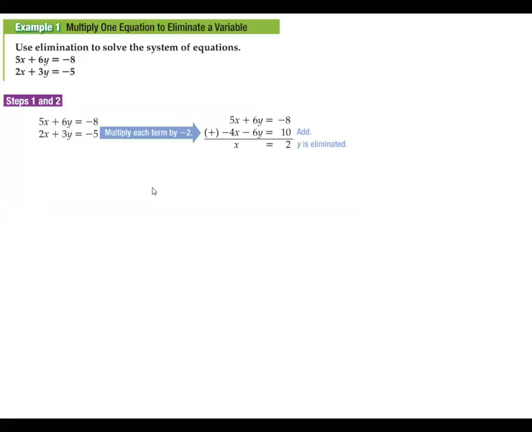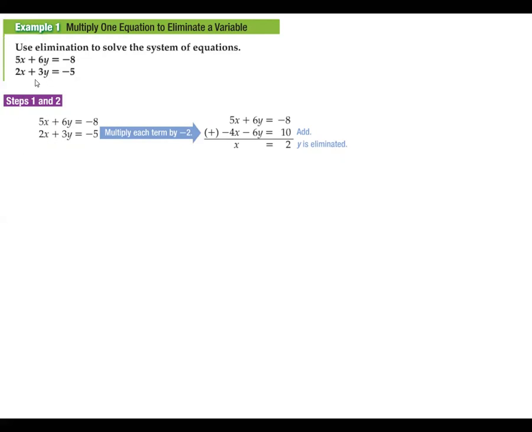Okay, so notice again here in this situation, if I want to solve this system using elimination, I have my columns aligned, so I got that going on for me, but neither of my variables have the same coefficient or opposite coefficients. So step 1 is I have to multiply by something to get one of the coefficients to be opposite.